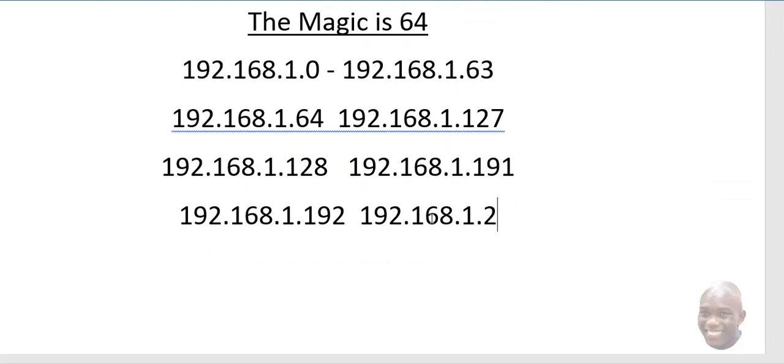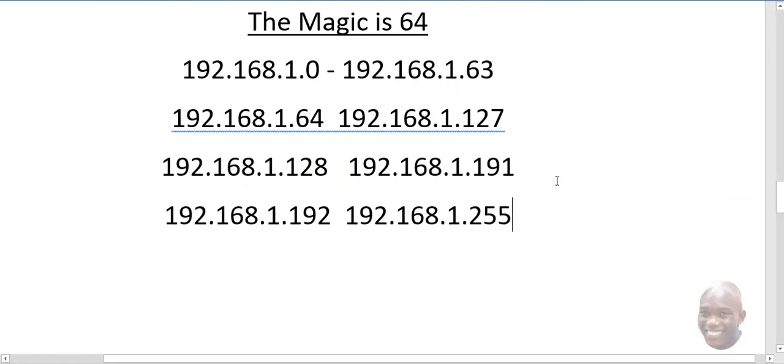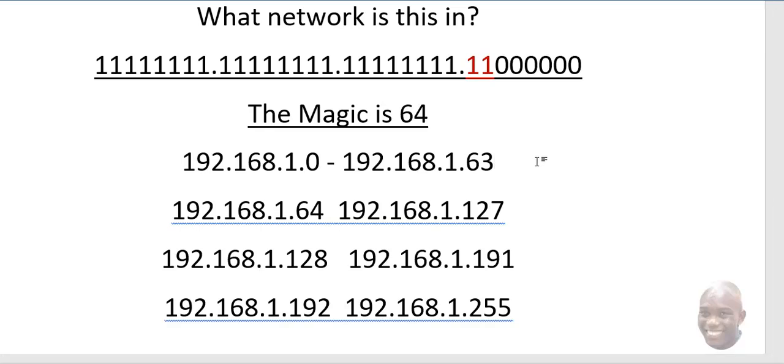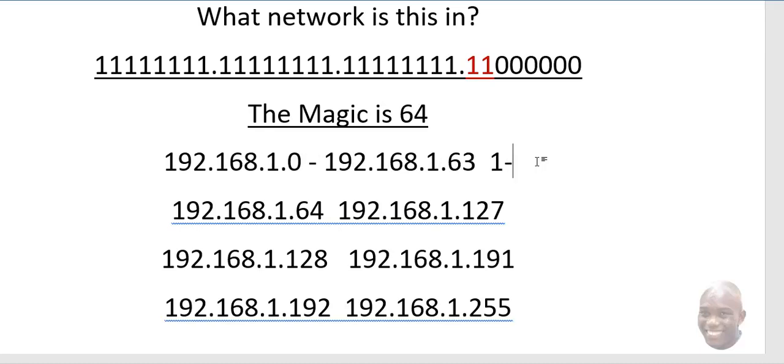So what this basically tells us is that 55 is in the first network, which is between 0 and 63. And it also tells us that you have only 62 usable hosts because of the magic number, between 1 and 62.